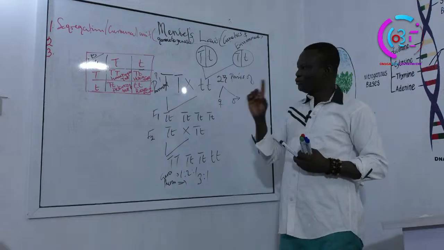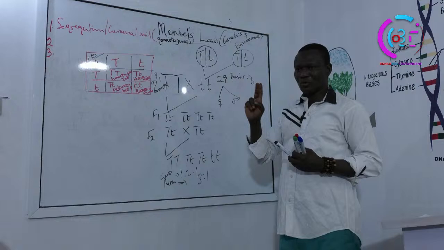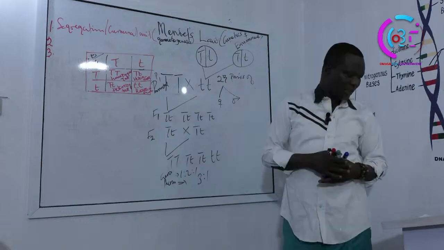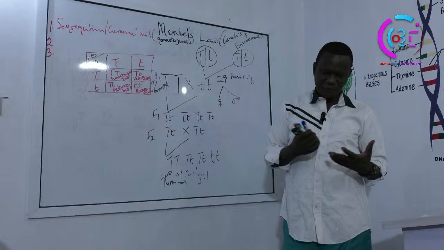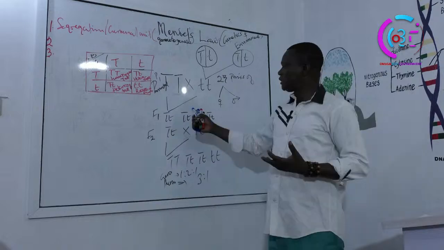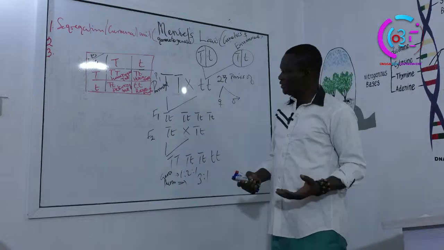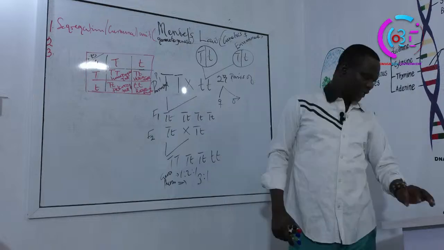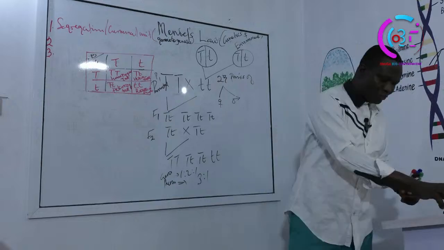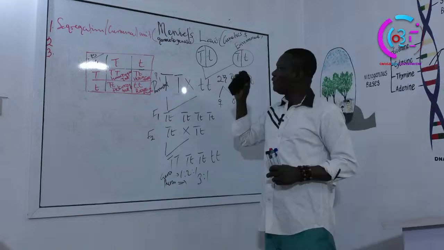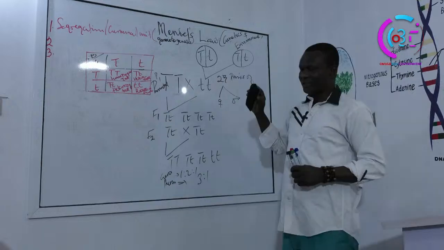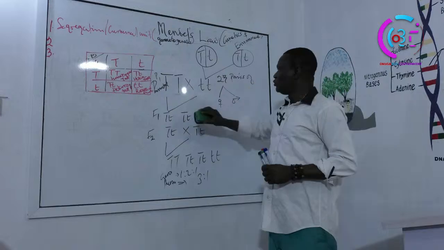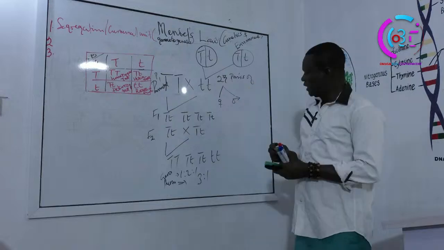It's going to behave so. Although, don't forget that we said traits always exist in pairs. So it always appears in pairs, but each of them is from each parent. So that is the first law of Mendel.